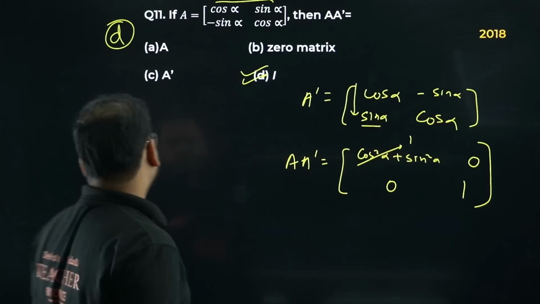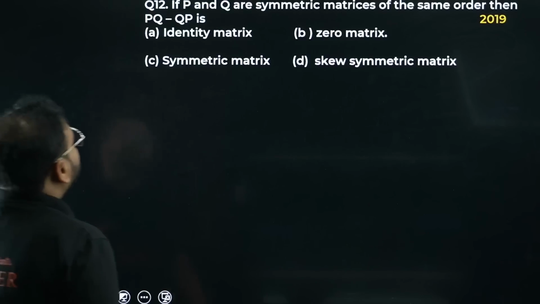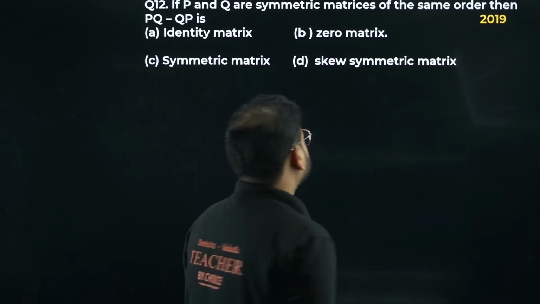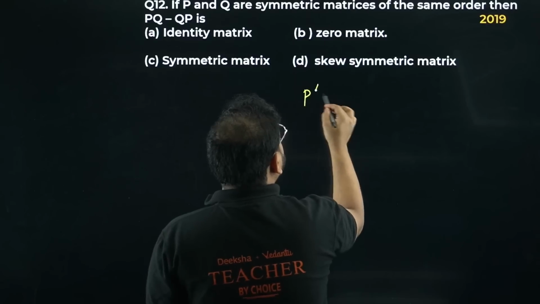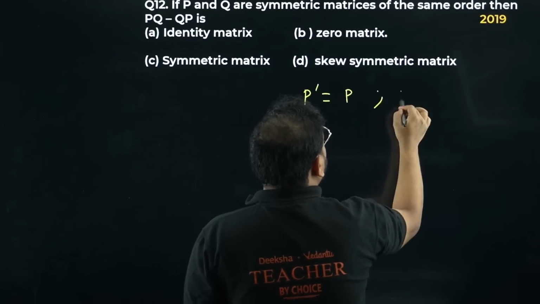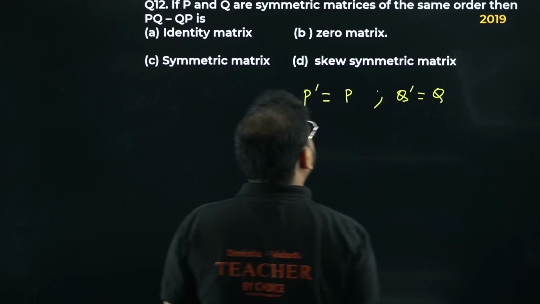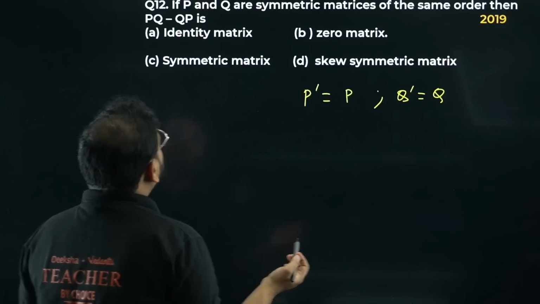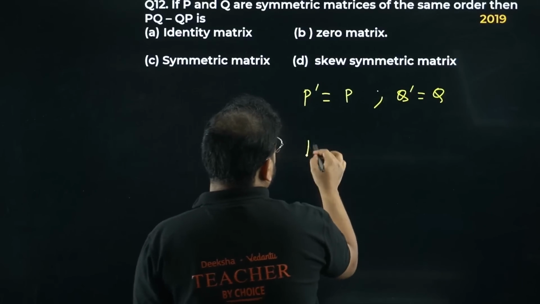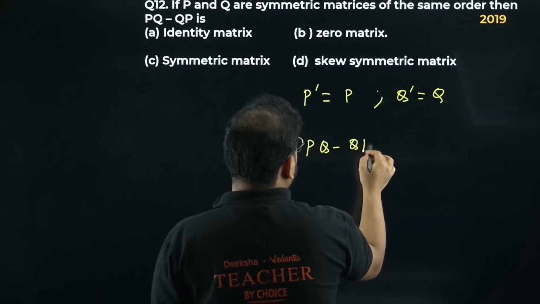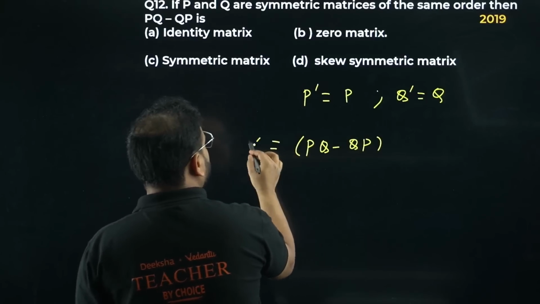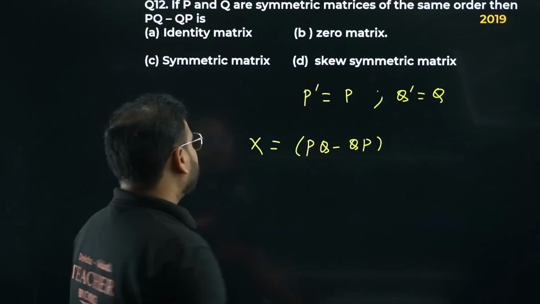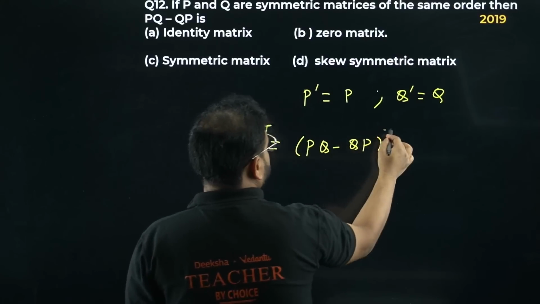Okay. Question number 12 now. If P and Q are symmetric matrices, symmetric means P transpose is nothing but P, and Q transpose is nothing but Q. That is the meaning of a symmetric matrix, of course. Then PQ minus QP. I'll take PQ minus QP as some matrix, let's say matrix X. Now let's find X transpose.